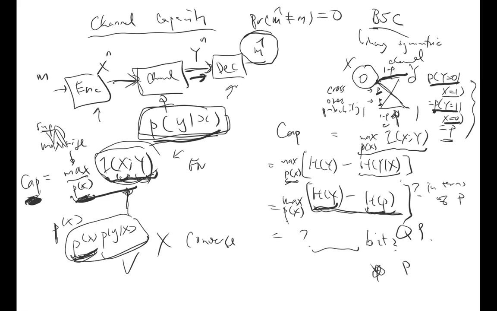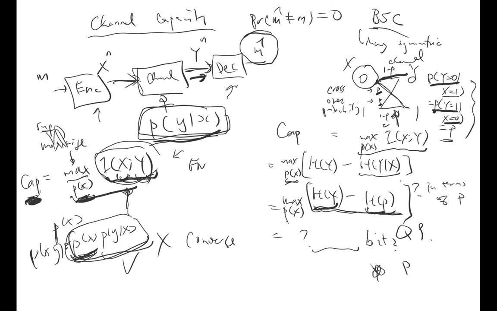Note that you have control of the distribution of X. That means you also have control of the distribution of Y, because p(x,y) is equal to this guy here.